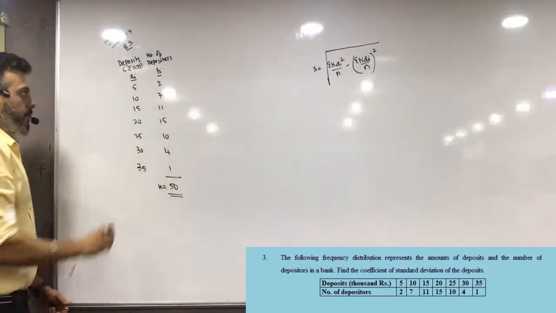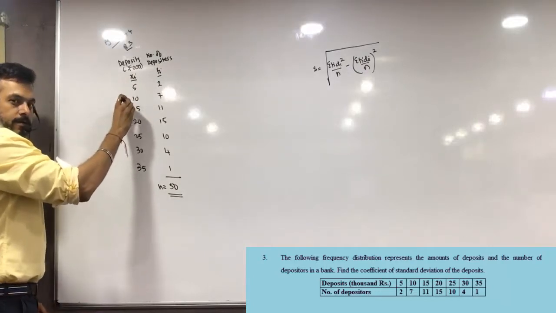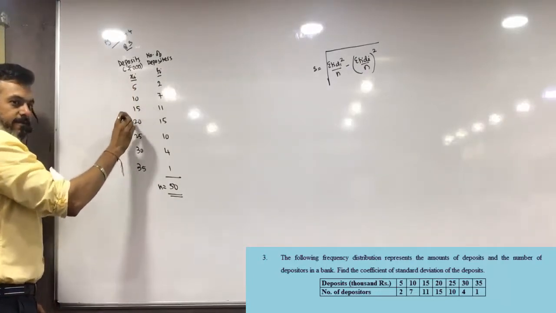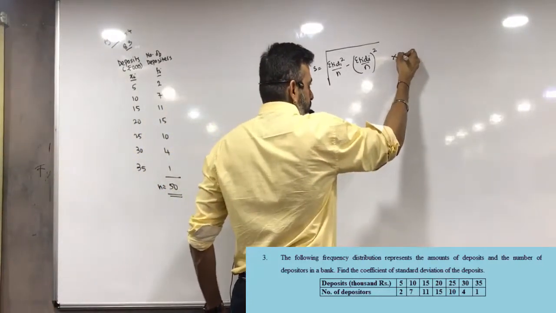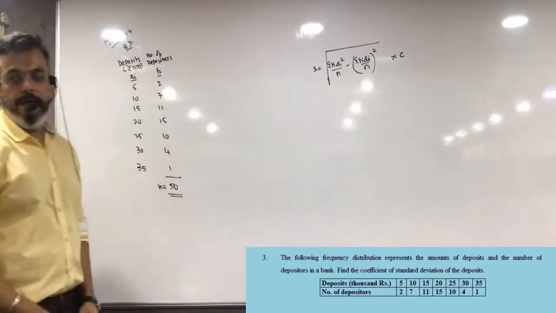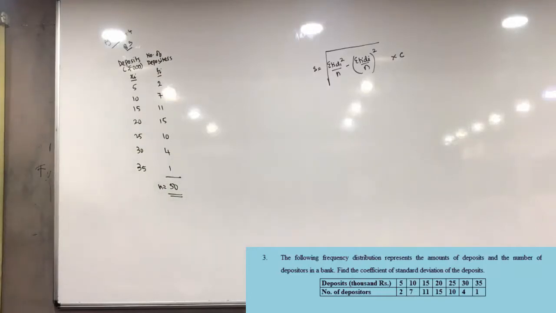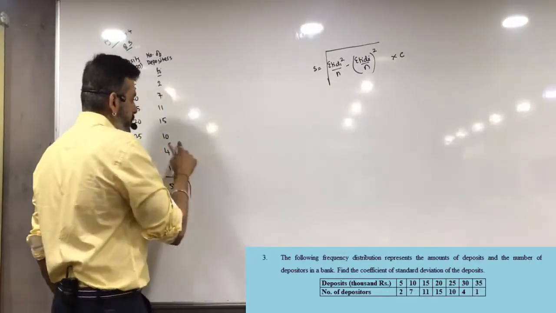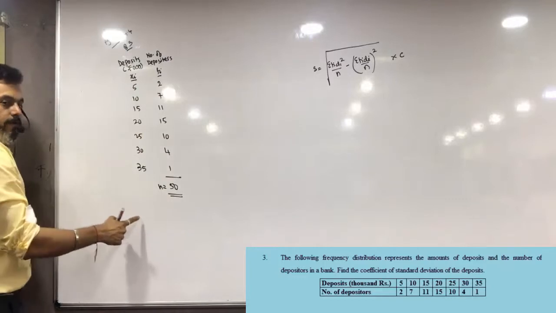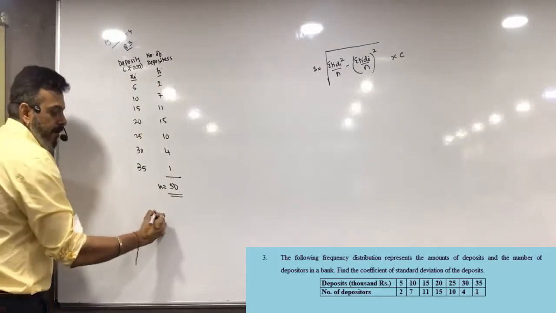Now over here, there is a common difference, so we will divide d by c, and here we will multiply it with c. We also have to find the mean, because we have to find the coefficient of standard deviation.